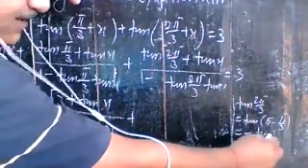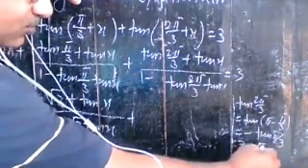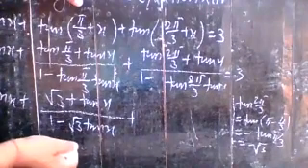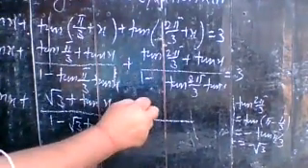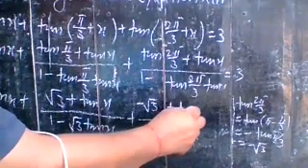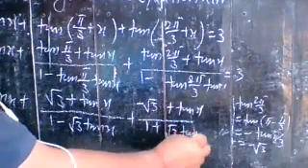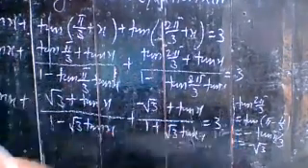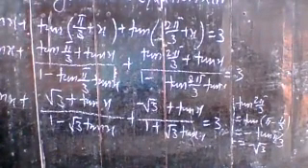So it is minus tan pi by 3, which is equal to minus root 3. So its value is minus root 3. Putting it here, you have minus root 3 plus tan x upon 1 plus root 3 tan x is equal to 3. You write it in this way.